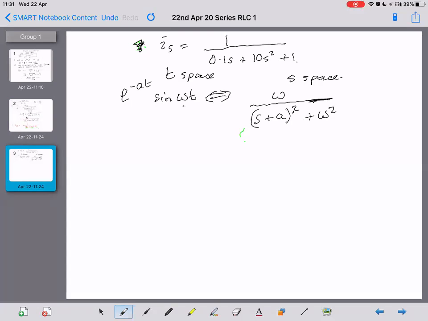They make up this omega in the damped sine wave over here. So we're looking at an expression that is a damped sine wave.